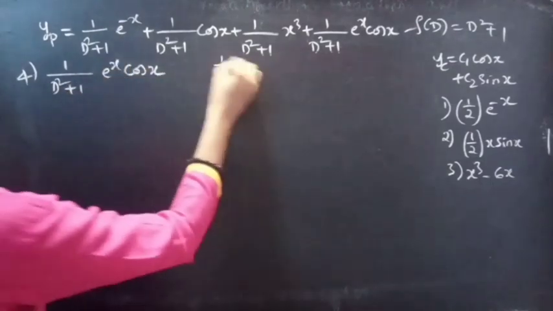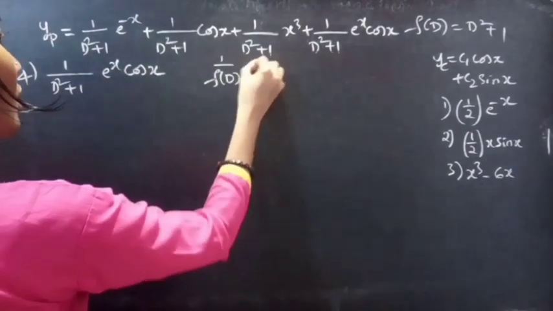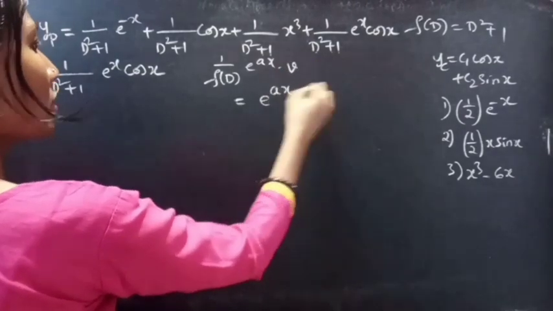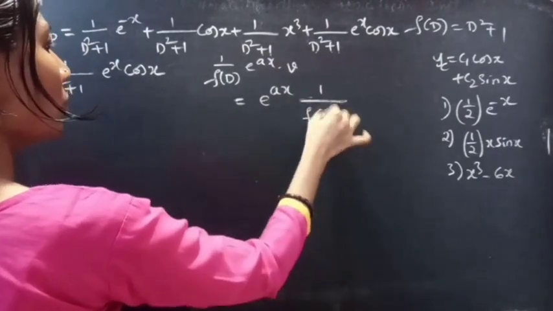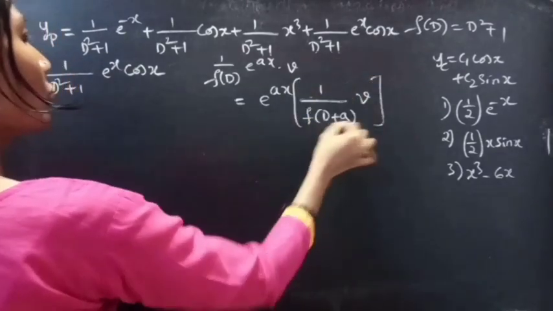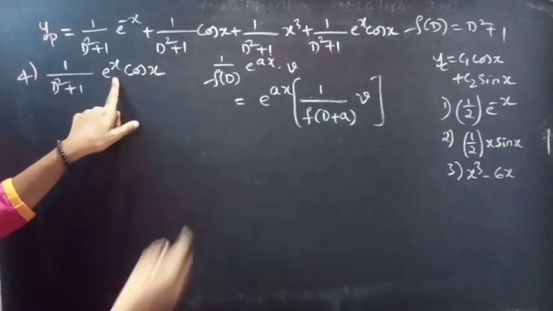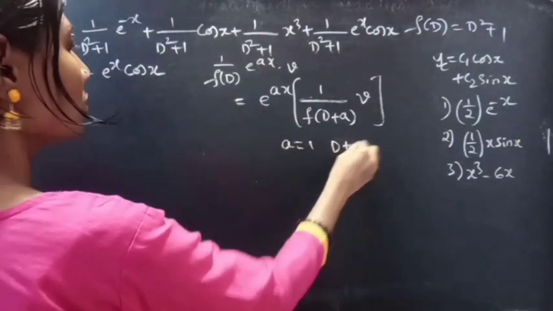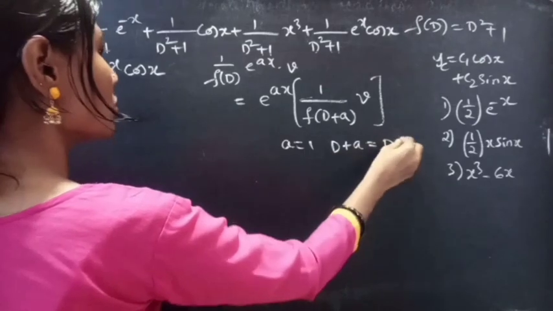This is of 1 by f of D into e power ax into V form, right? We'll shift e power ax towards the left by replacing D with D plus a, and later we'll operate V with 1 by f of D plus a. Now compare e power x with e power ax. For a equals 1, we'll find D plus a, which equals D plus 1.